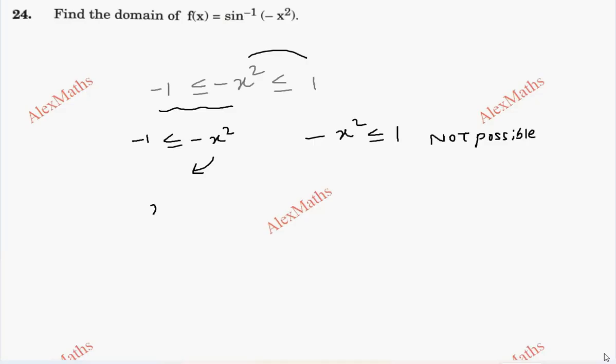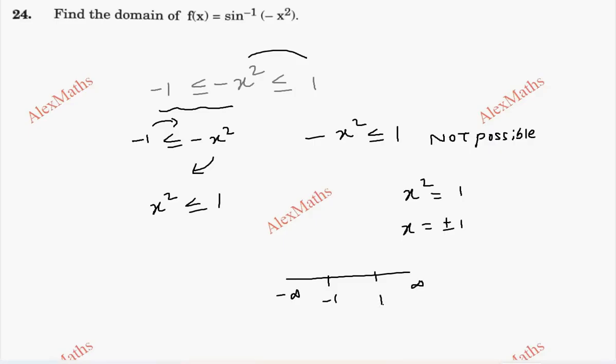Taking x square here, we get x square less than or equal to, and this minus 1 comes to the other side, which is 1. When we have x square equal to 1, the value of x is plus or minus 1. We take a number line from minus infinity to plus infinity, then this is minus 1 to 1.